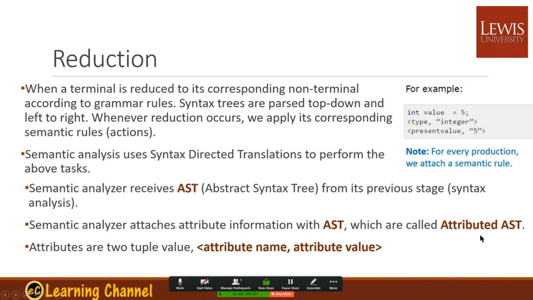We call it an attributed abstract syntax tree, but it is also called decorated tree or attribute grammar graph. There are several names, all meaning the same thing. Attributes are two tuples, attribute and name. So here we have a type that's integer, and type depends on the left-hand side value. So this one says what it is, and the value is sum.